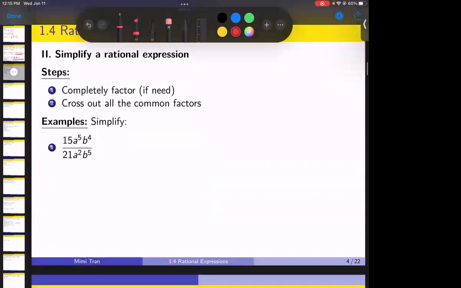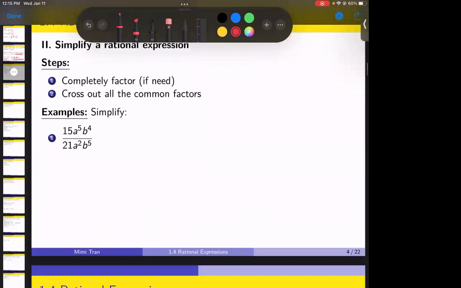Let's simplify this one. 15 and 21, 5 and 7, right? 5 and 7, yeah.